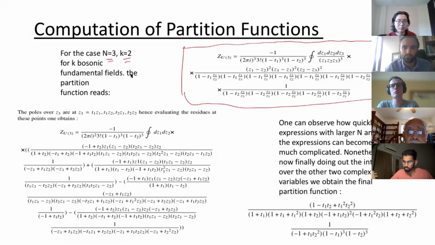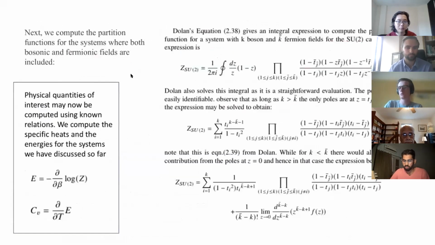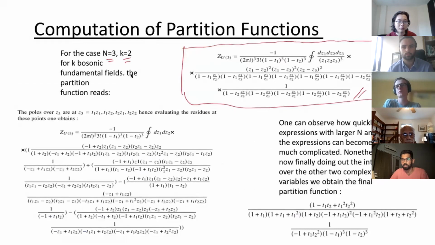And so computing these integrals, well, theoretically, it's always possible, because they just amount to computing the residues of these polynomial expressions, which is a pretty straightforward exercise. But it's just that they become extremely cumbersome as we go to higher n. For example, just for the case of n equals 3, you can note how large the polynomial expression is.